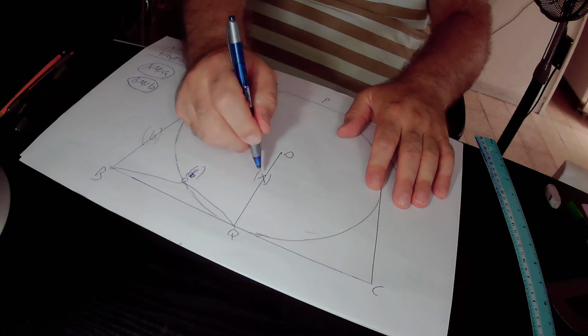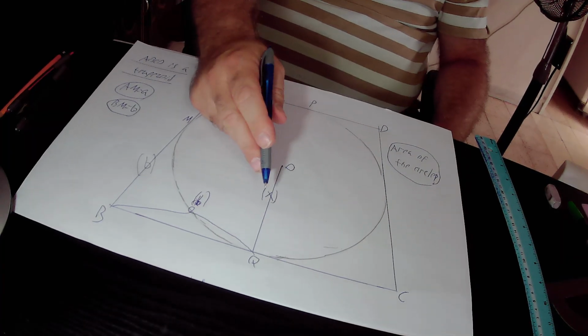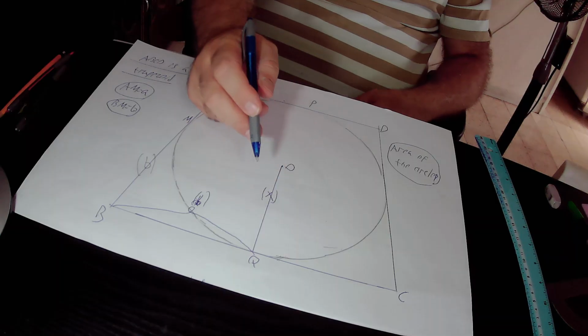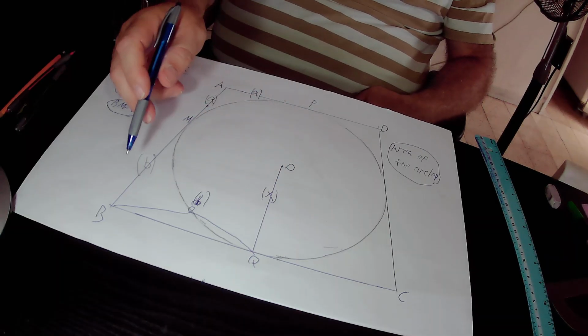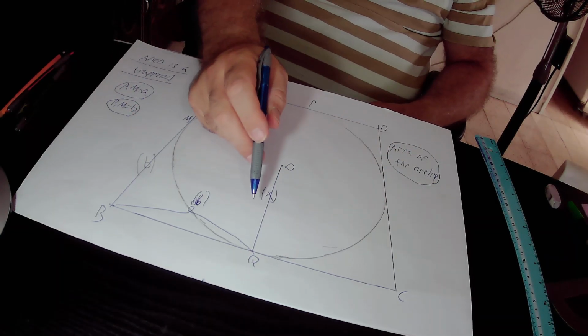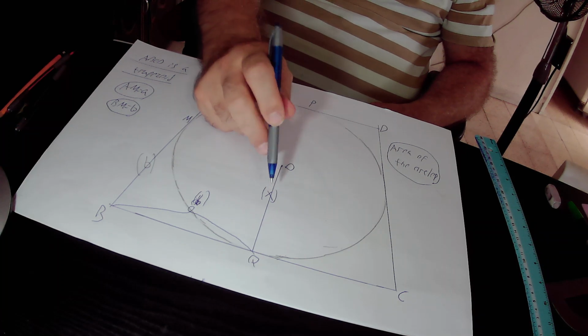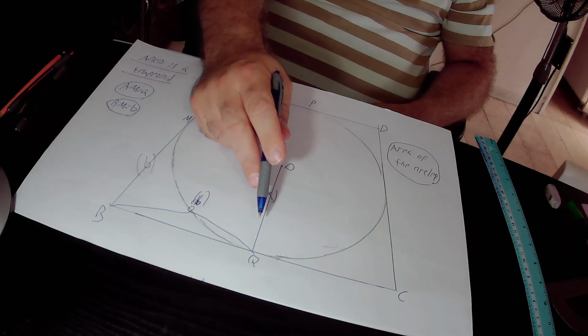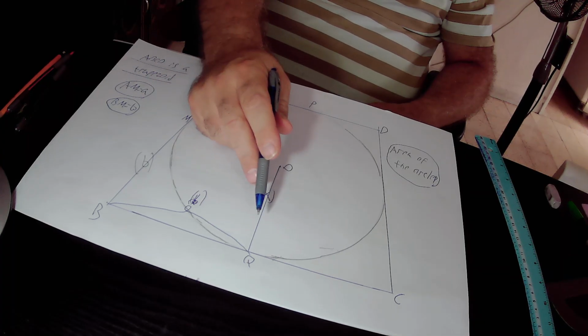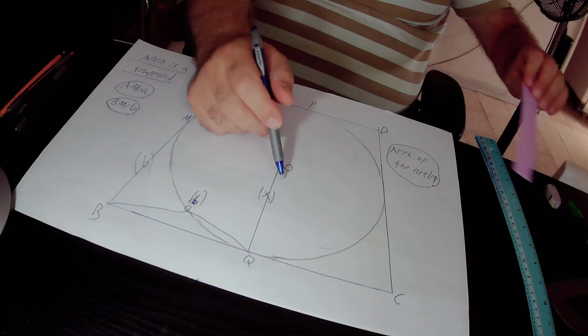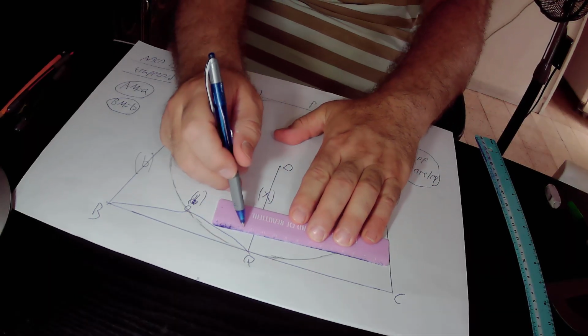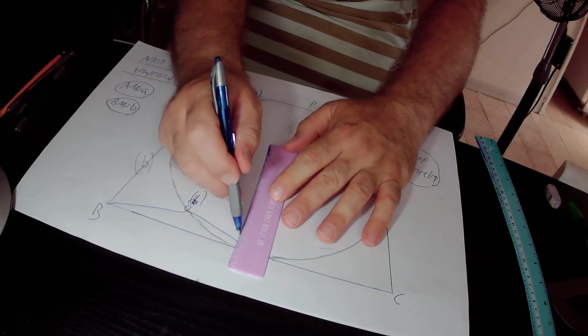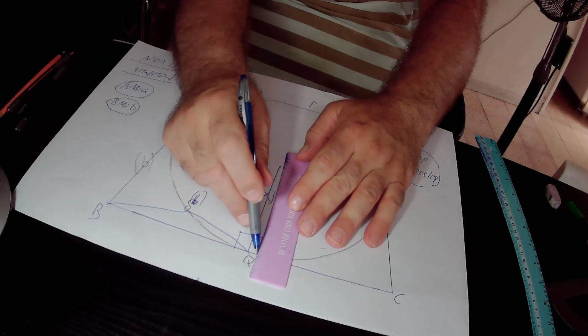Because the radius OQ is drawn to point Q, that is the point of tangency of tangent BC, then tangent BC will be perpendicular to the radius QO. If BC is perpendicular to QO, it means that this angle equals 90 degrees, and this angle also equals 90 degrees according to rule 1.